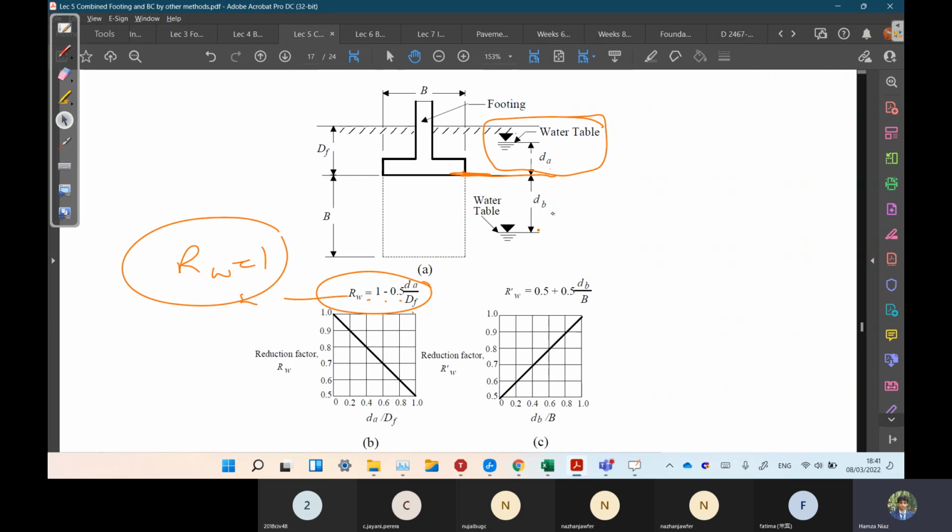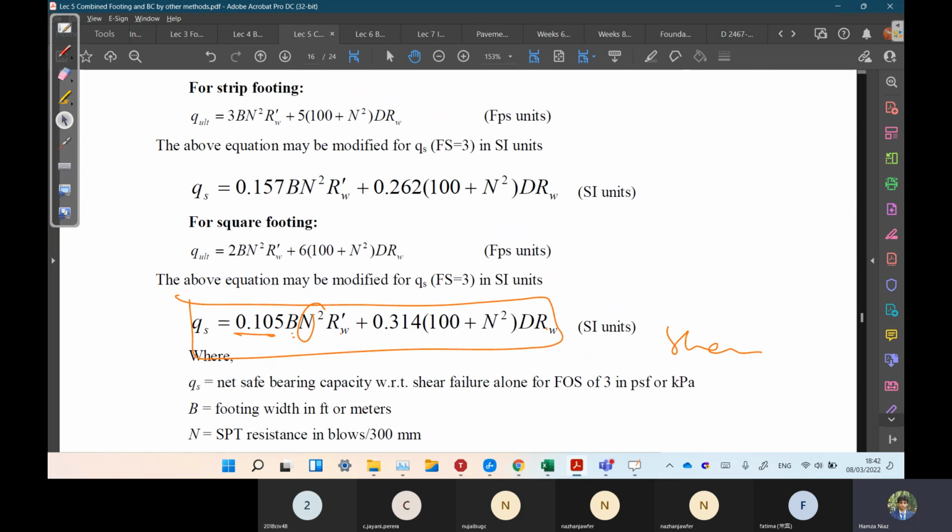And if the water table is below the footing at depth db, we can calculate Rw bar by this formula. If db is greater than or equal to B, the Rw dash value would be 1. We cannot go more than 1, the maximum value is 1. So if not mentioned, simply take Rw and Rw bar as 1. Put in the values and calculate Qs.